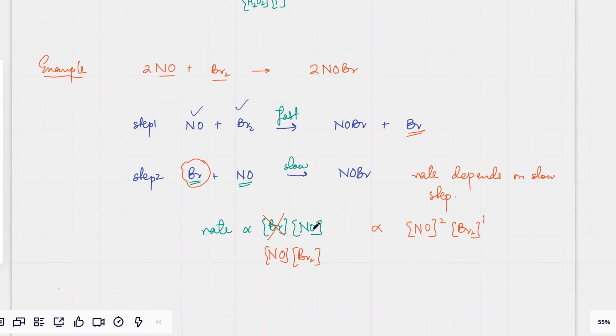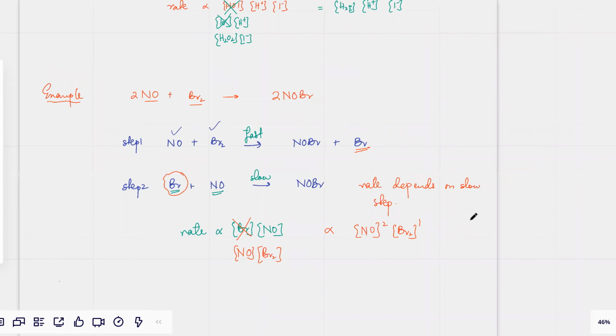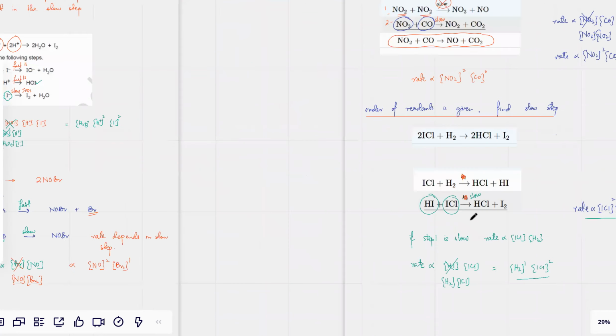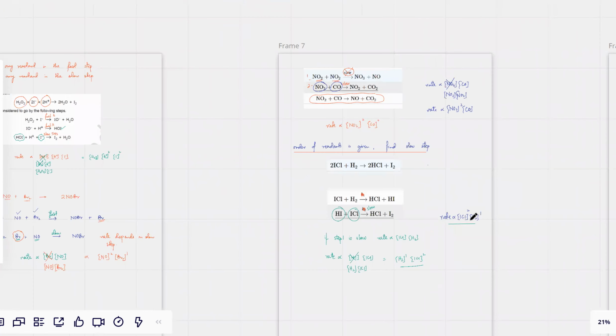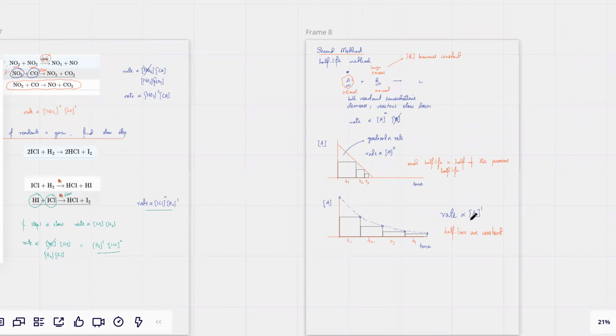So in that way, NO appears twice in your rate expression, and NO becomes squared. That means the rate is very sensitive with respect to NO. And BR2 has order 1. So we did lots of examples of order 2 and 1 as well.